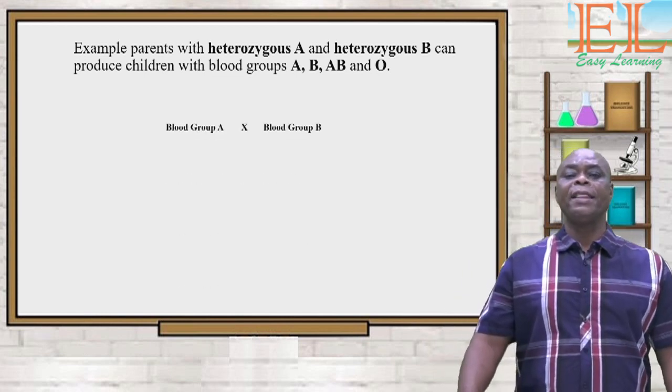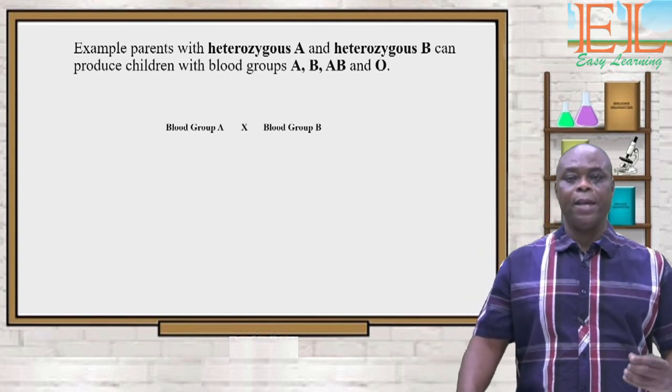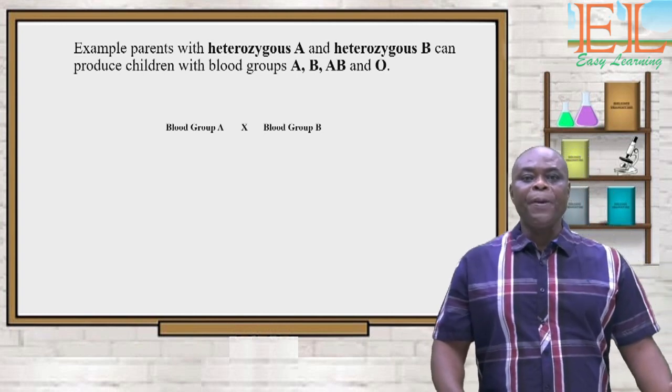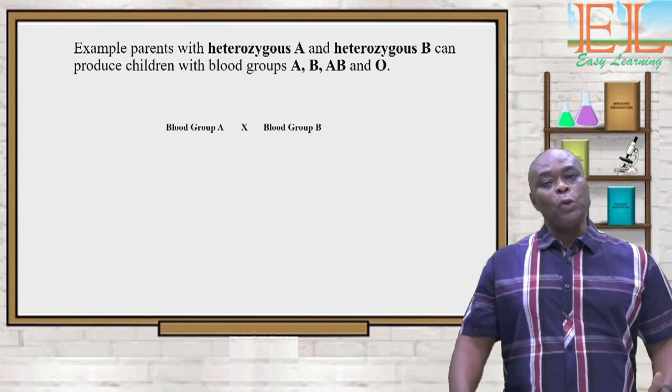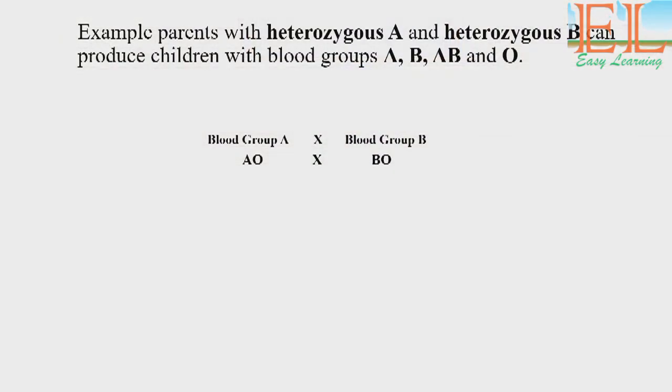First, we have the parental phenotypes, which are blood group A and blood group B. But genotypically, the A is heterozygous and hence will have the gene A and gene O, whilst the one with blood group B will have the gene B and gene O.